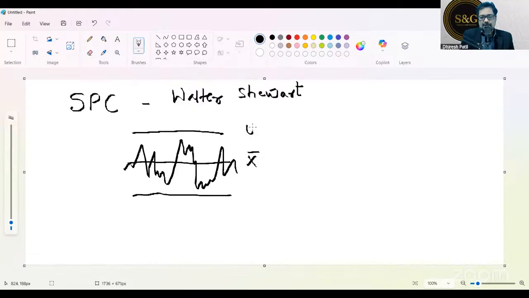This is the upper control limit, and this is the lower control limit. These are two lines. So what is the formula? He said upper control limit is X bar +3 standard deviation, and lower control limit is X bar -3 standard deviation.